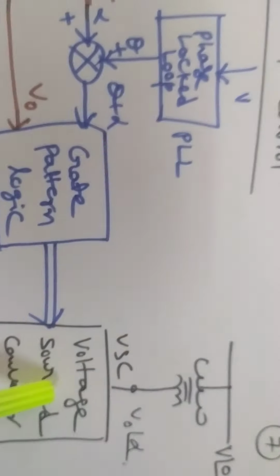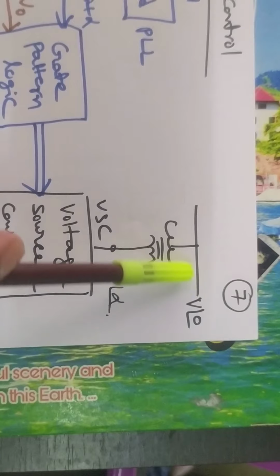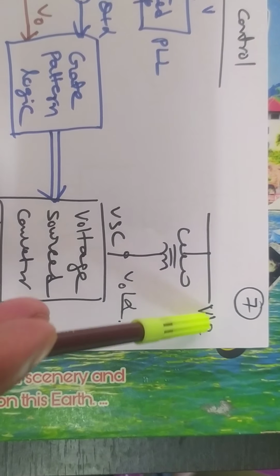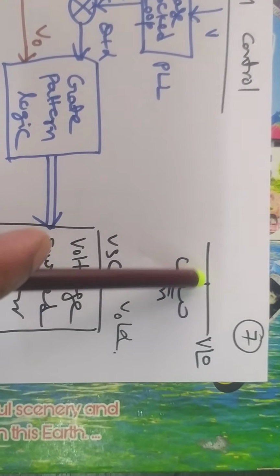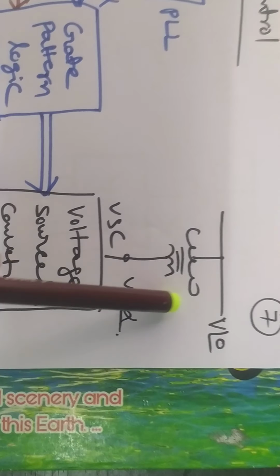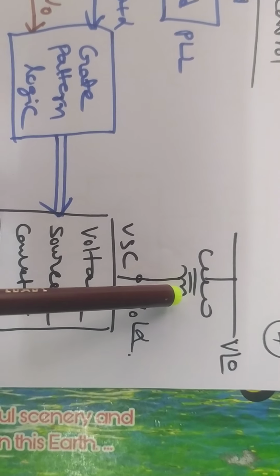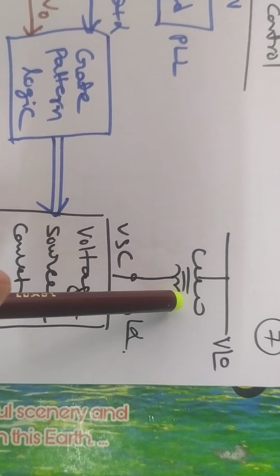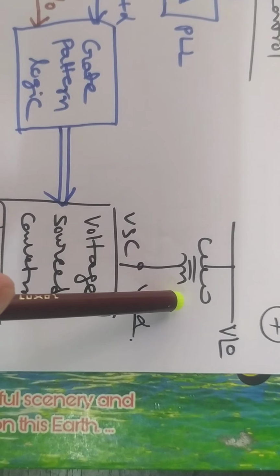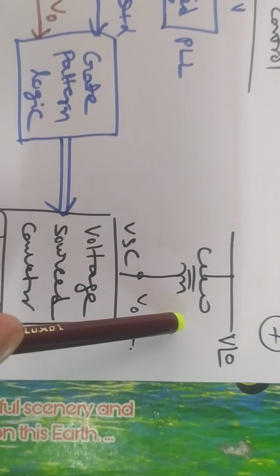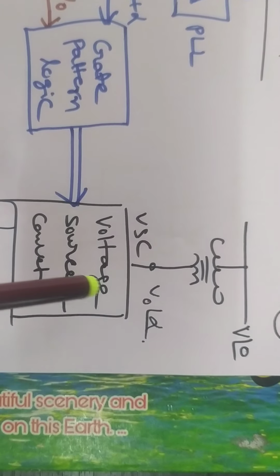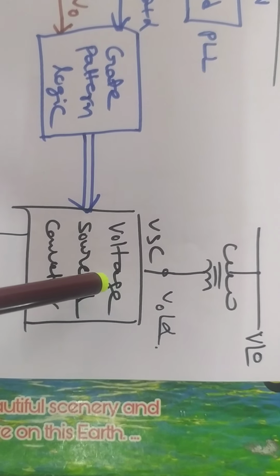So the STATCOM control. So let us look at the STATCOM. This is the bus voltage, system bus, power system bus. This is the coupling transformer. It is generally a step down transformer, which will step down the voltage to a lower level for the voltage source converter.